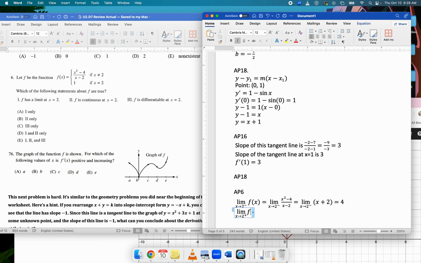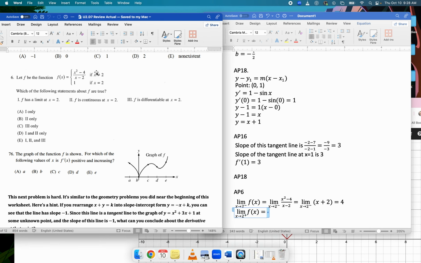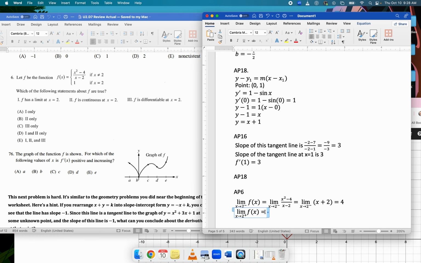If you're approaching 2 from the right, you're also not at 2, so you're going to be using the same formula. The right-hand limit is computed using exactly the same formula, which means it's going to come out exactly the same. It's going to be 4. See what I mean? So the left and right-hand limits are both 4, so 1 is true. It has a two-sided limit.